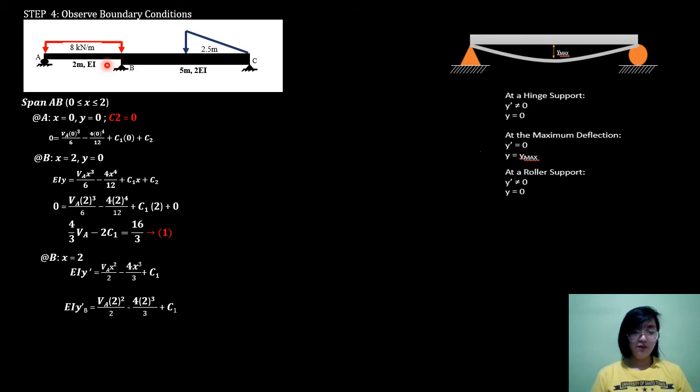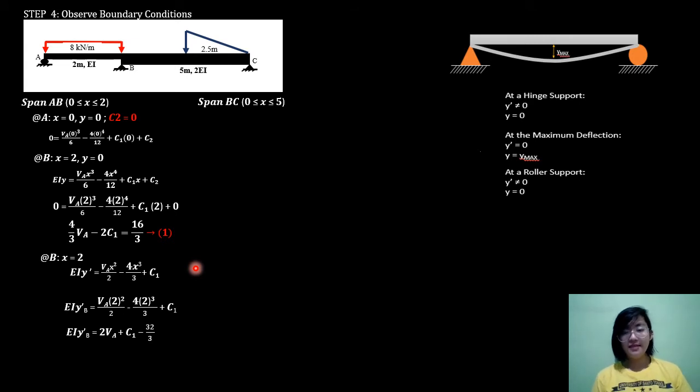Let's substitute x. We will have the slope equation at B. But that is not yet something that will add to our equations. So, what else? Okay, there is none. So, let's go to span BC.